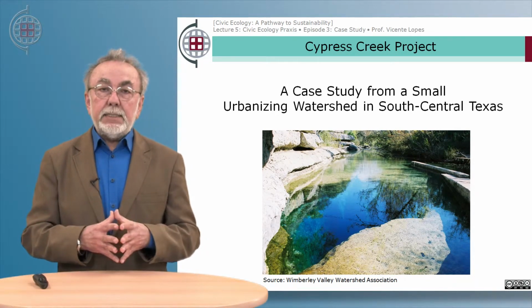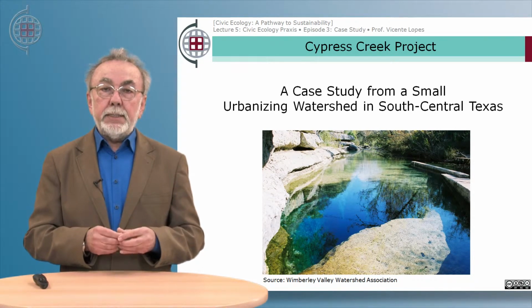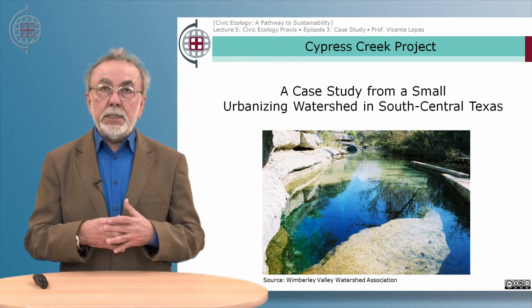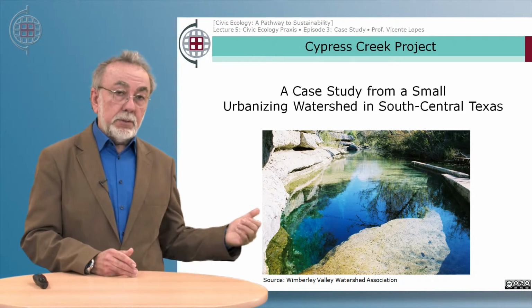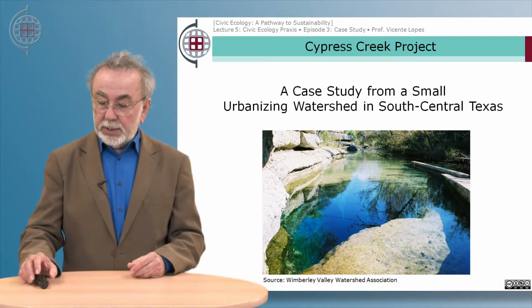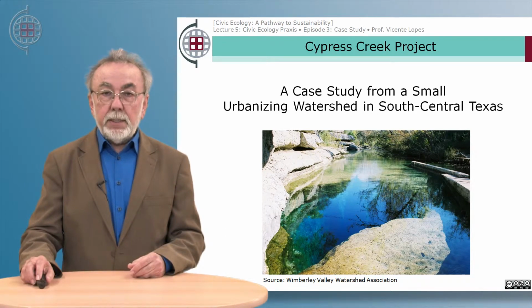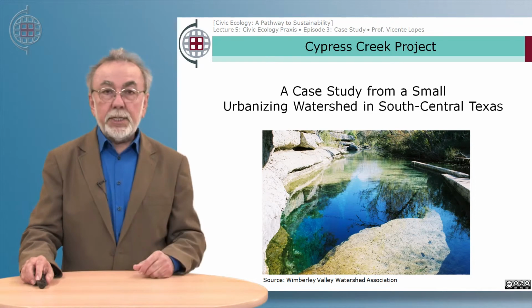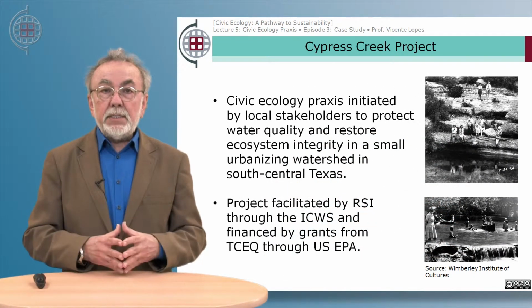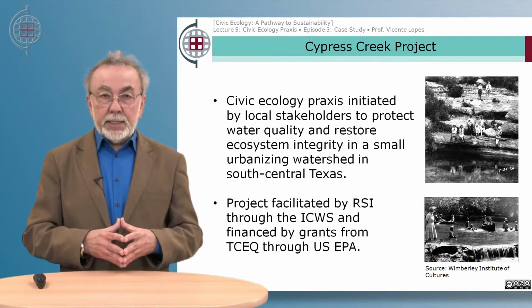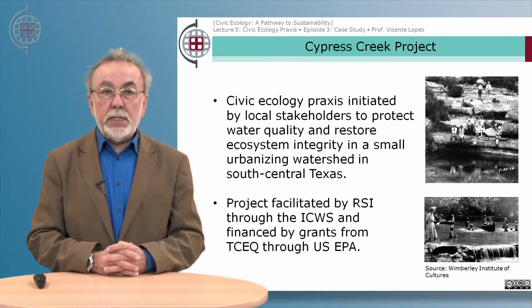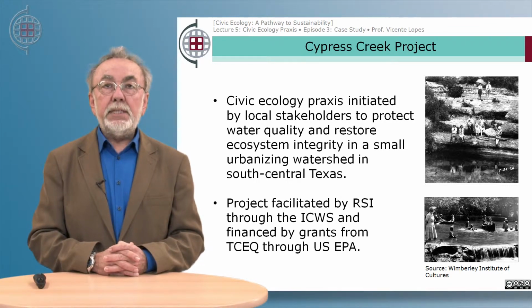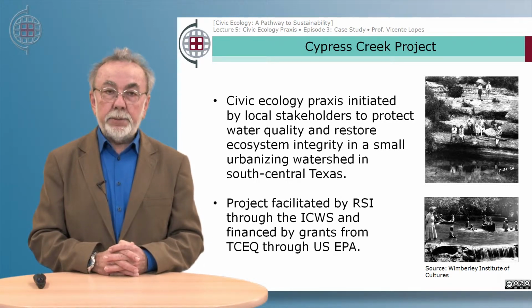As I mentioned, the case study occurred in this small community, a small urbanizing watershed in South Central Texas. We have pictures here showing the beautiful creek that drains this watershed. A civic ecology project was initiated by local stakeholders to protect water quality and restore ecosystem integrity or ecosystem health.